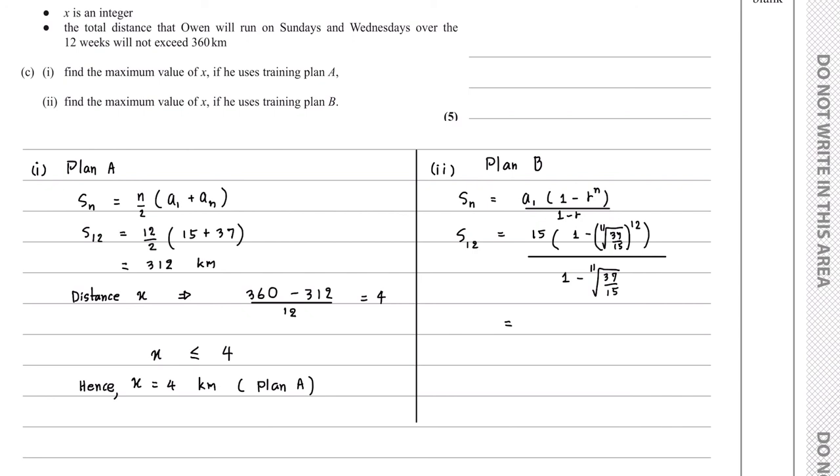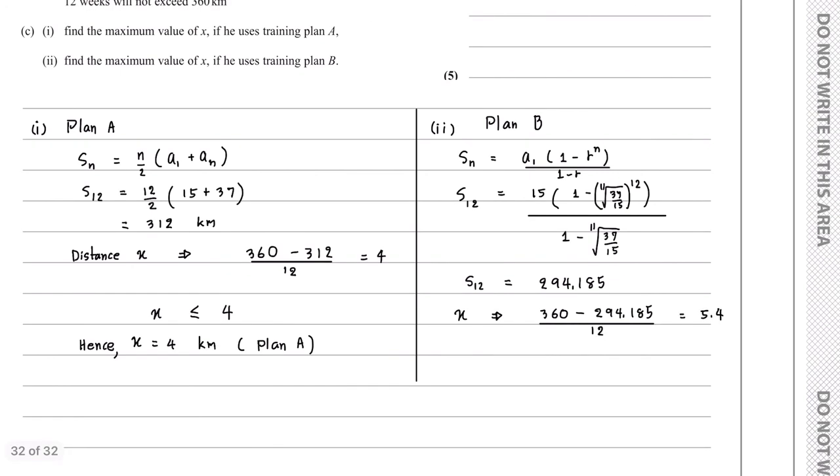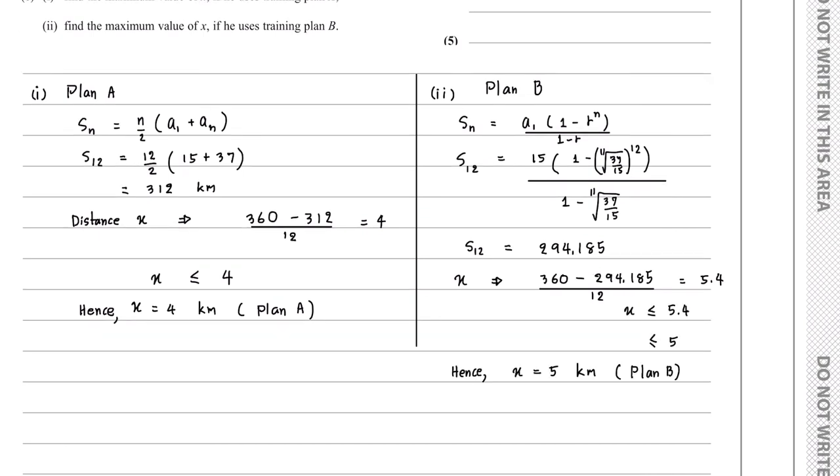And the answer is 294.185. This is S12. Then we can find the distance x, which is 360 minus 294.185, divided by 12. This is the distance for each week, which is 5.4. So the distance x has to be at most 5.4. So the maximum distance in kilometers from Plan B is 5 kilometers.